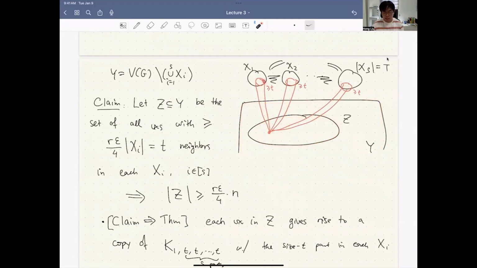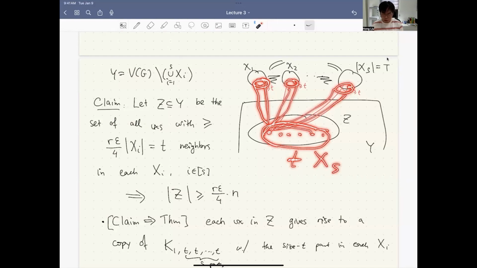High means at least t, okay? If you have many of these choices, then by pigeonhole, we can find at least t vertices when n is sufficiently large, so that all these t vertices will have some common t neighbors in each part. If they have some common t neighbors in each part, what does it mean? It means this is the new part we can add to the previous one. We obtained a complete multipartite graph with one more part. That will finish the proof.